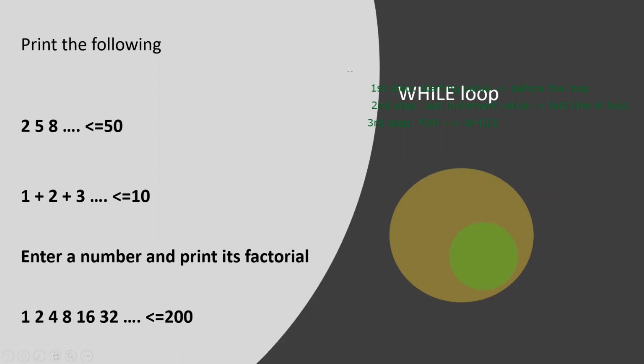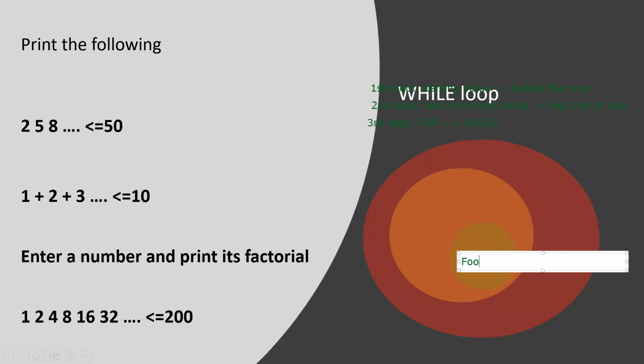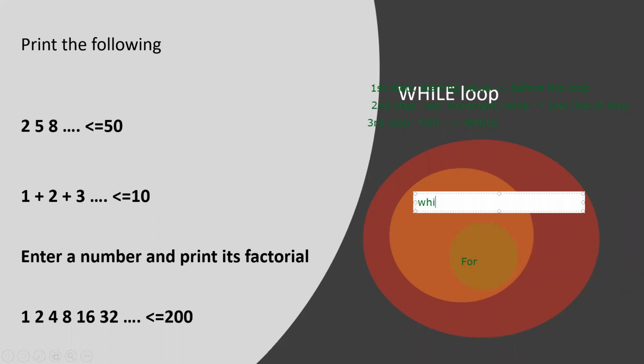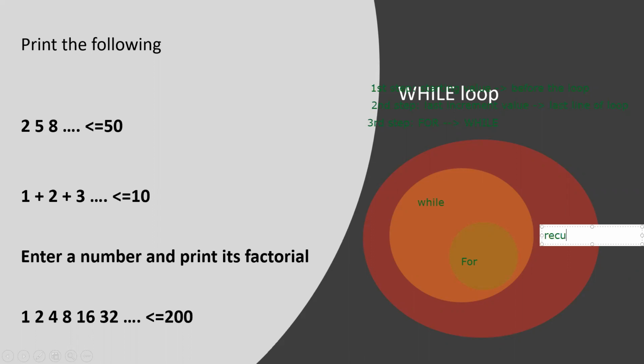And if I say more, we will not learn that part now, but there is another thing called recursion. So recursion covers more area. So for loop, you can say, is in between. For loop is this one. Okay, while loop is this one. So we'll be learning while loop. I can prove whatever can be solved by for loop can be solved by while loop as well. But the reverse is not true.